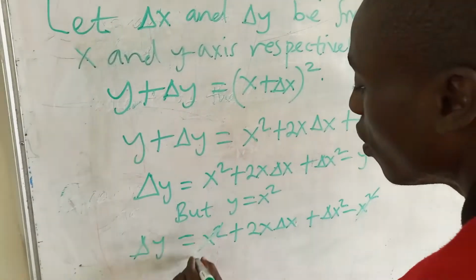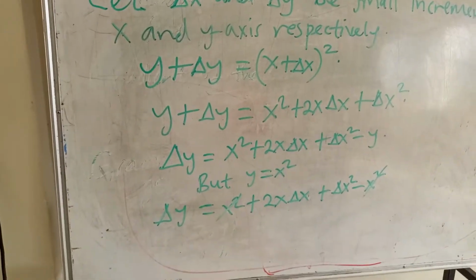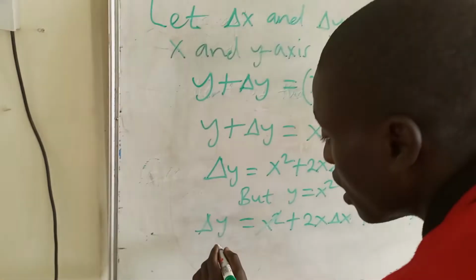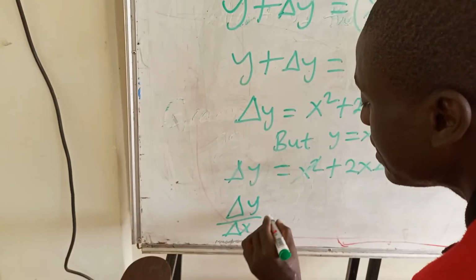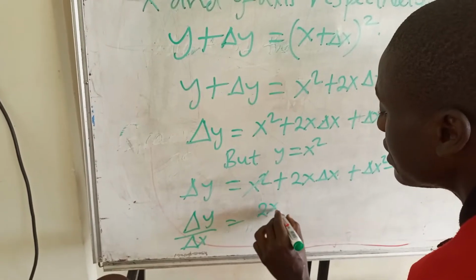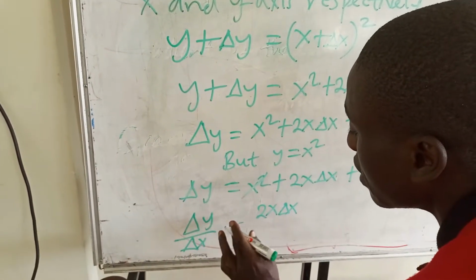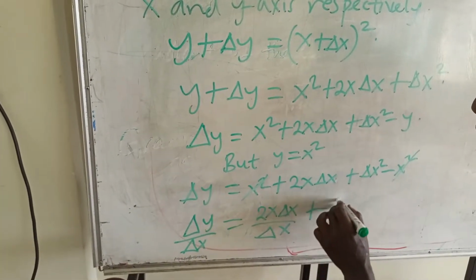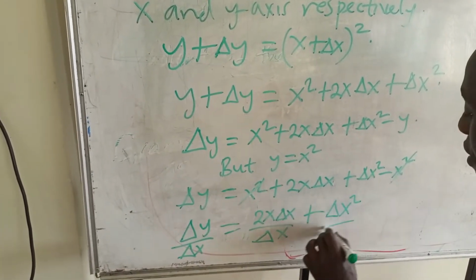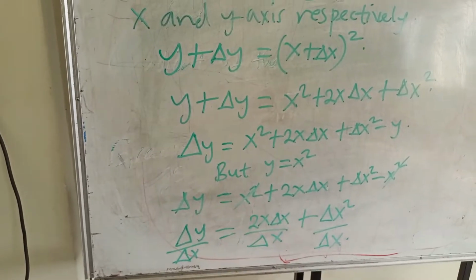So this will go with this. I divide throughout by del x, it becomes the change in y over change in x is equal to 2x change in x over change in x, then plus change in x squared divided by change in x.